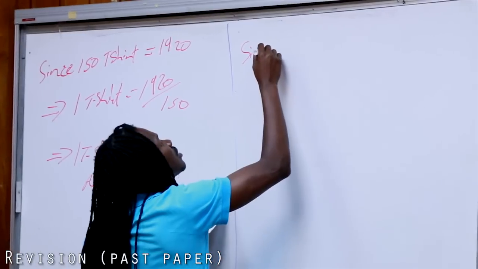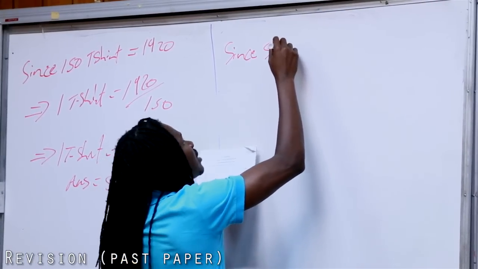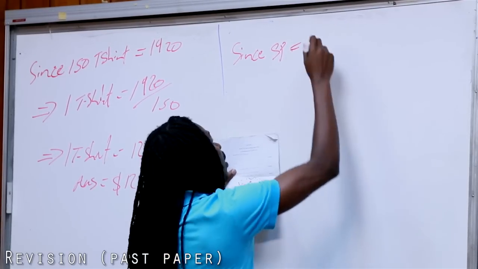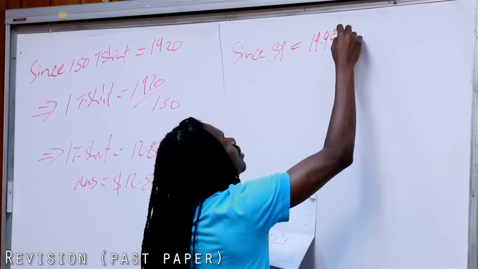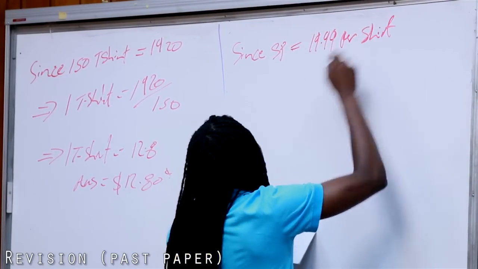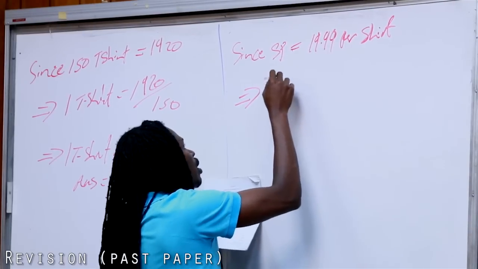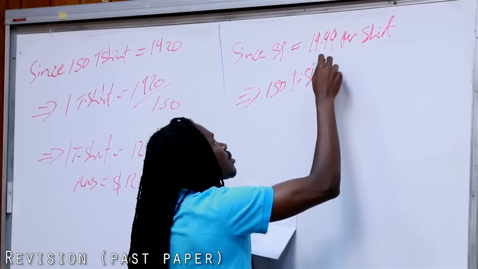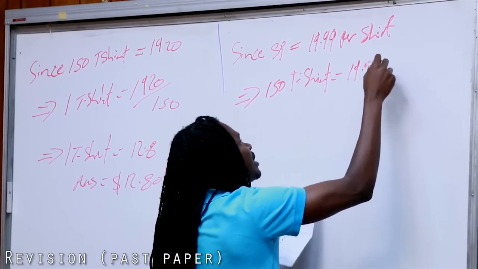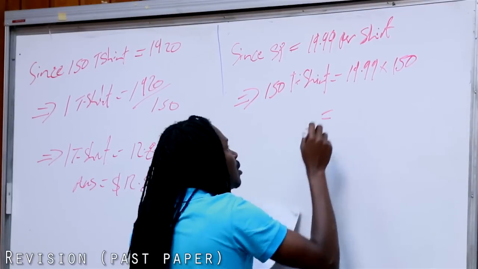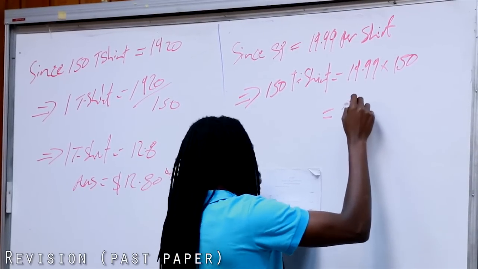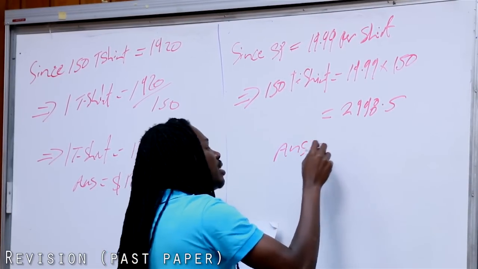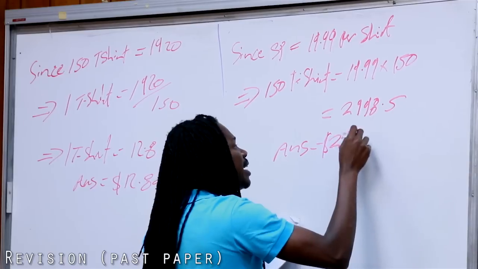Since the selling price equals $19.99 per shirt, it implies that 150 T-shirts equal 19.99 times 150, equal 2,998.5. Answer equals 2,998.5.